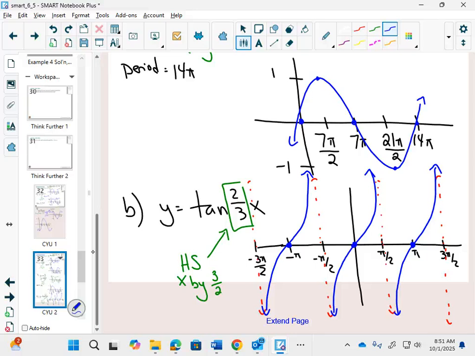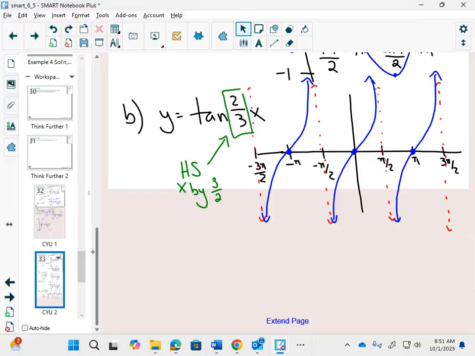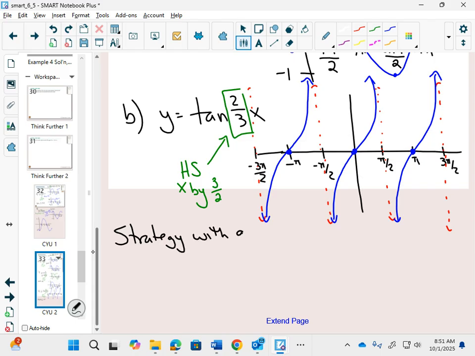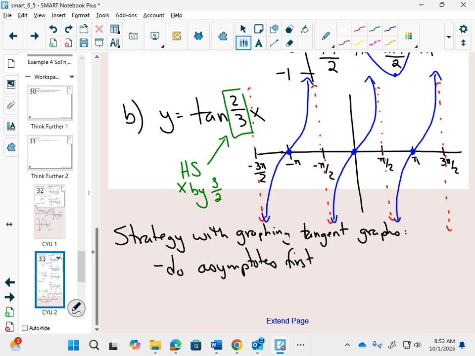Here we have our tan graph. A strategy for graphing your tan graphs that's really helpful is if you start with your asymptotes.